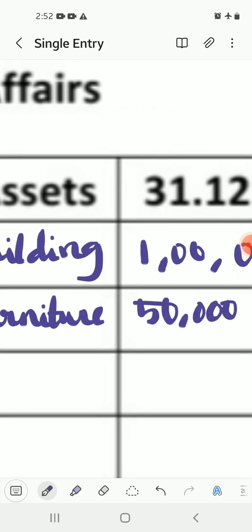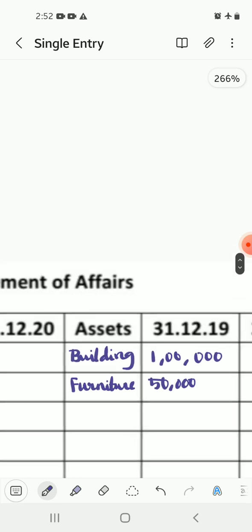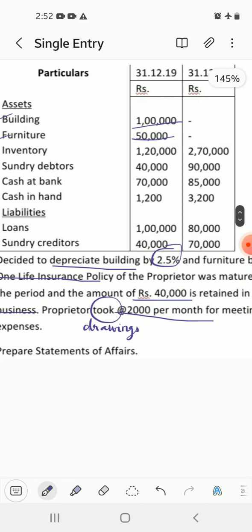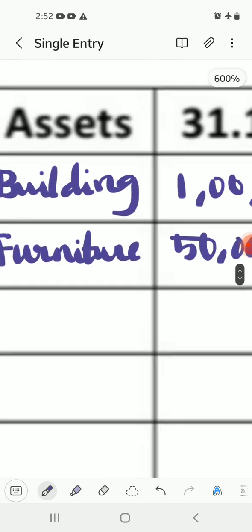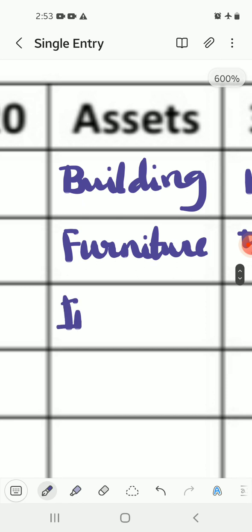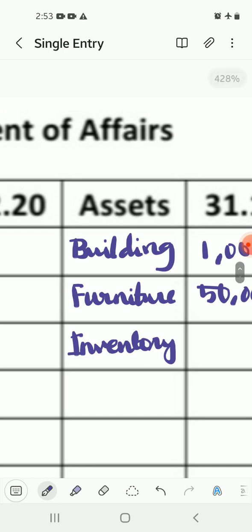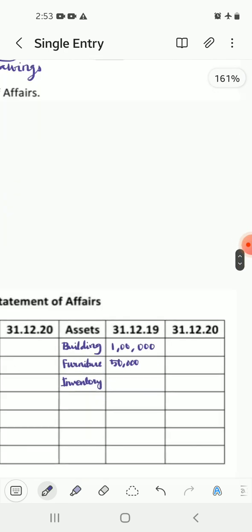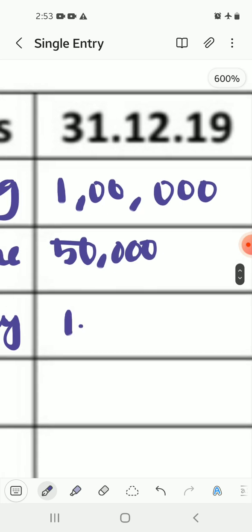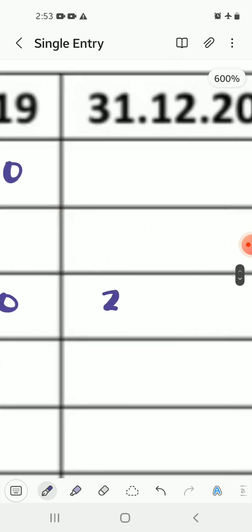Then let's move to the other assets. Inventory, which means stock, 1,20,000 and 2,70,000. Let's write it. Inventory. The amount was 1,20,000 and 2,70,000.